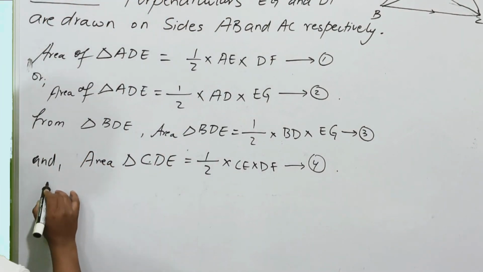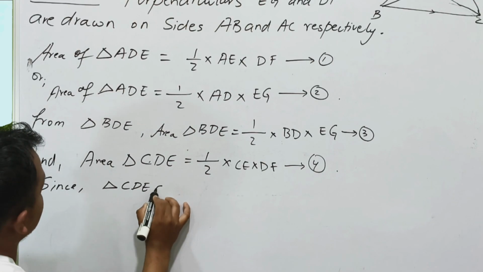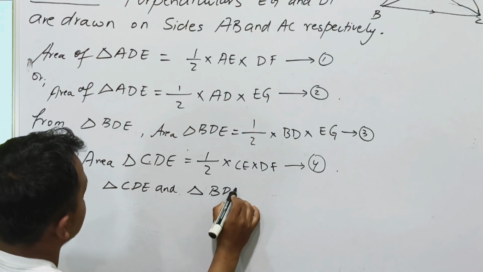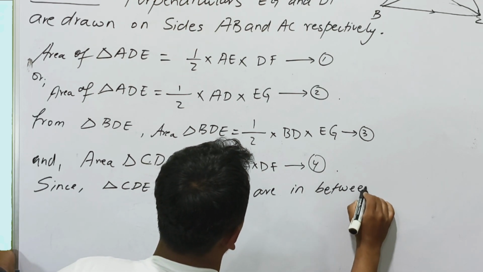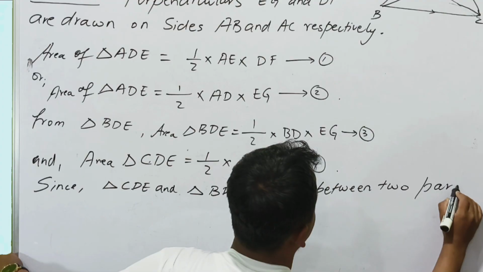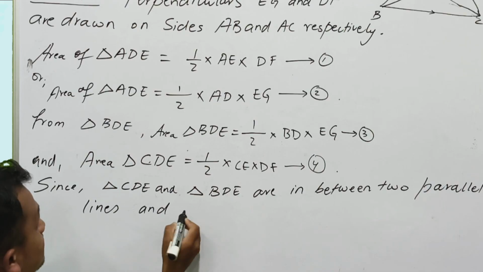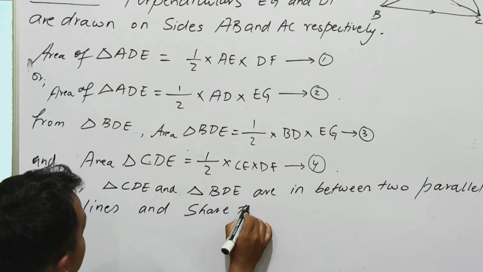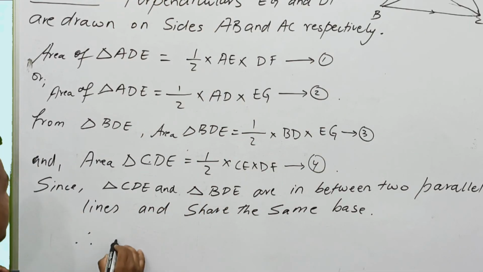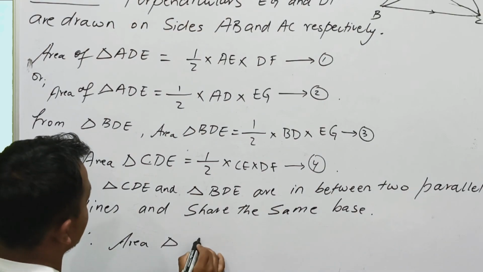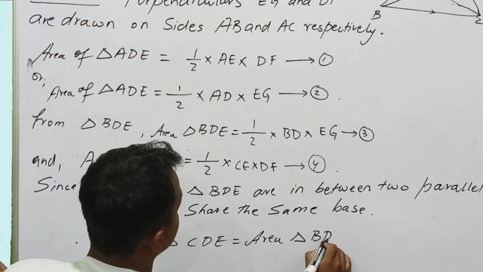Okay, so since triangle CDE and triangle BDE are in between two parallel lines and share the same base, therefore area of triangle CDE is equal to area of triangle BDE.